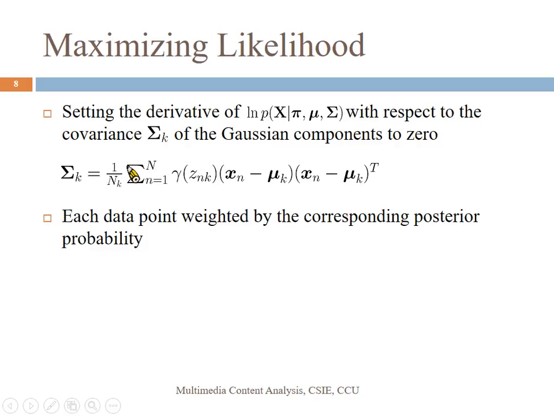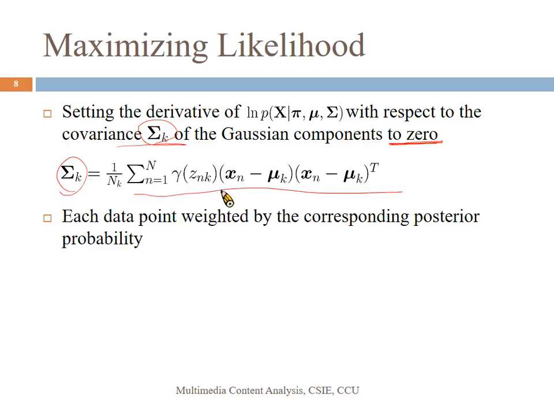To find the best covariance, we also set the derivative of the log likelihood with respect to sigma_k to 0. After many steps of mathematical derivation, we can get that sigma_k is equal to this value.